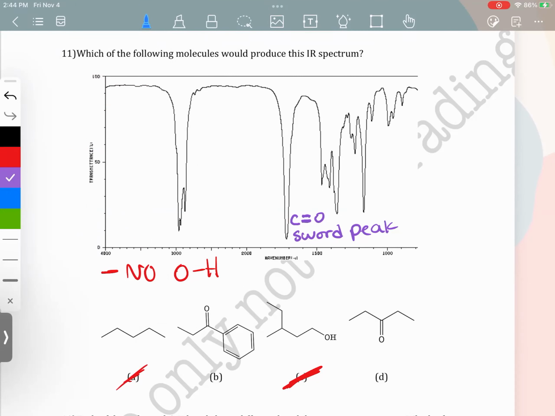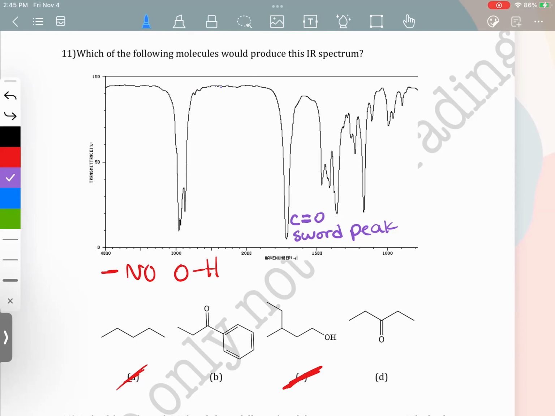No, the answer is no. Aromatic doesn't typically show up in what they give you, but whenever you have an aromatic species, it'll be around the region up here.